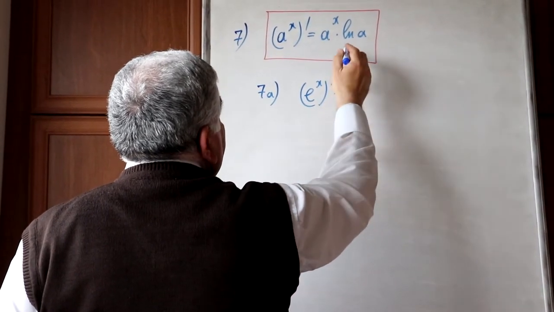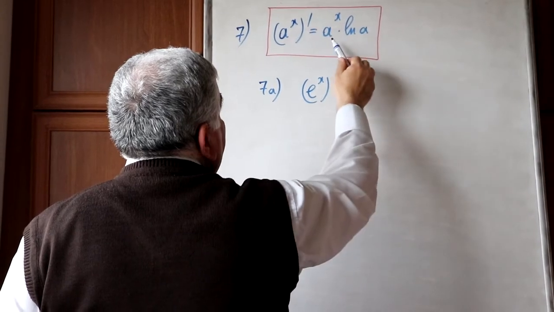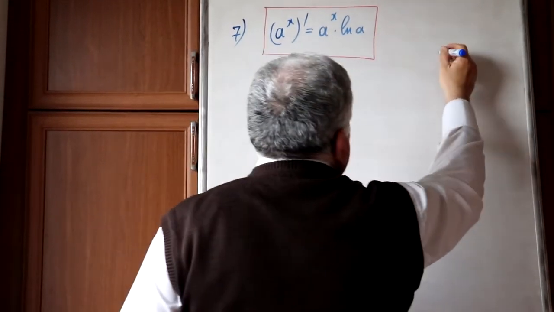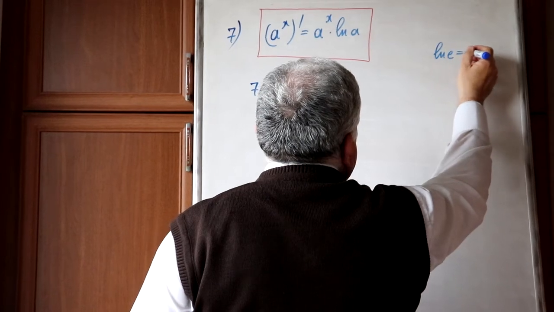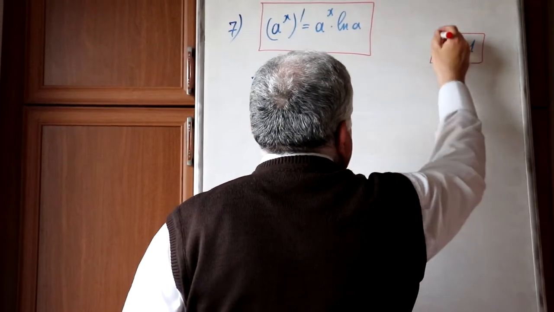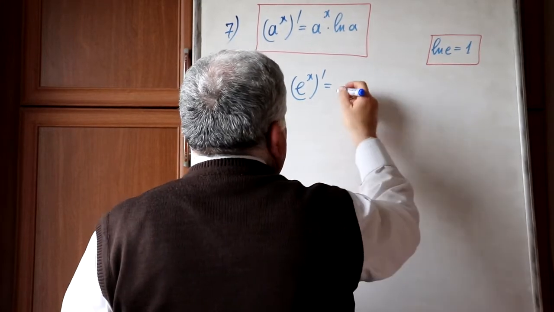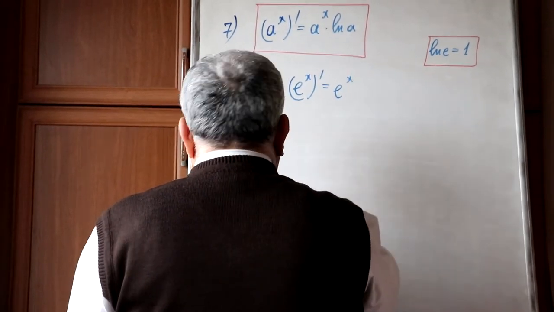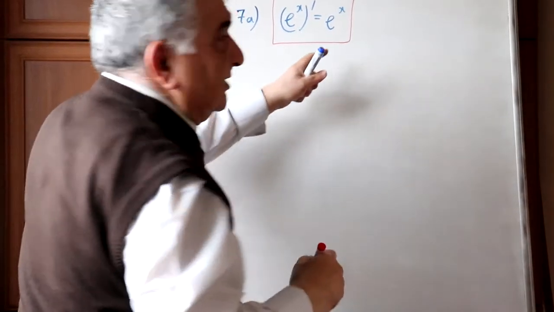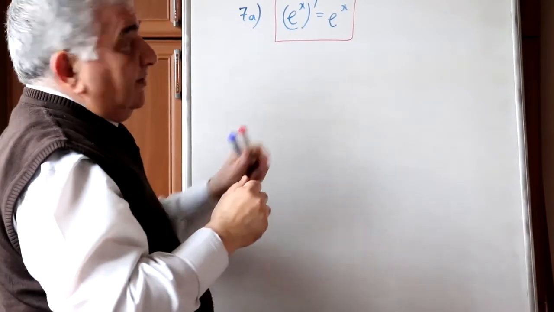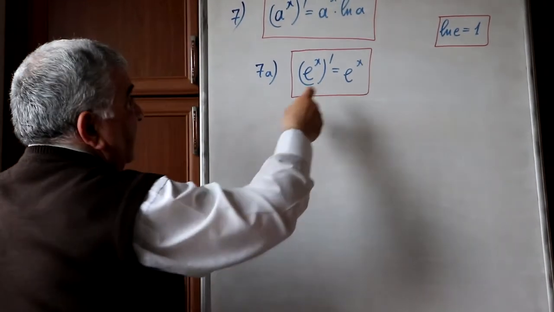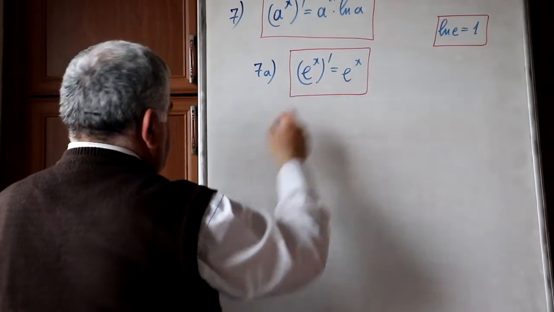If we substitute e instead of a, you know that the natural logarithm of e is unit, and therefore it is simply e raised to x. e raised to x is the unique function whose derivative is equal to itself. It is the natural exponential function.